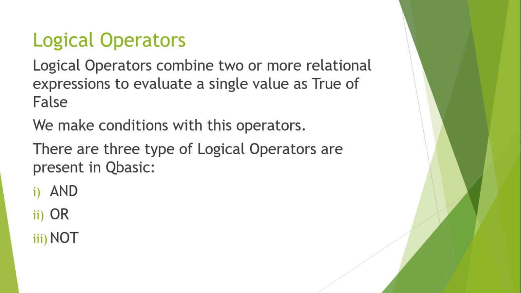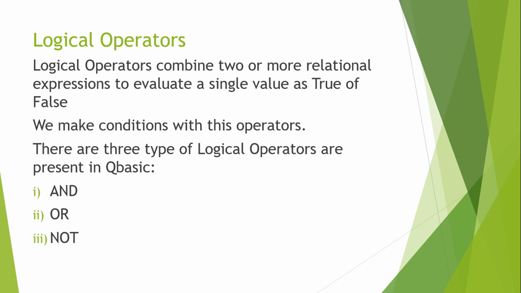So the computer is a logical device, it always works in logic. Whenever we use a logical operator, it will always give you an answer in true or false or yes or no. Here we make conditions, and the condition will be true or the condition will be false. So a logical operator always works in true or false only.